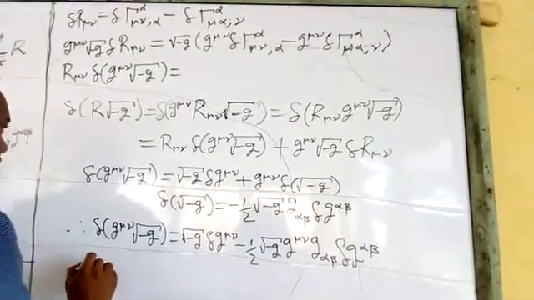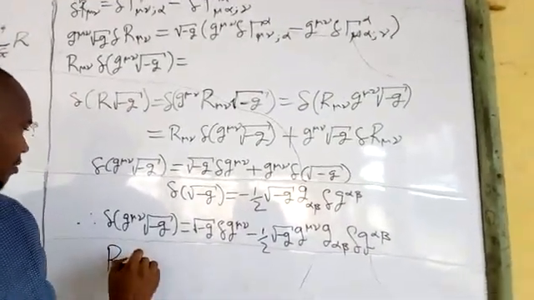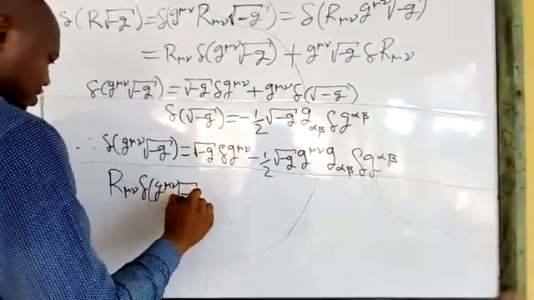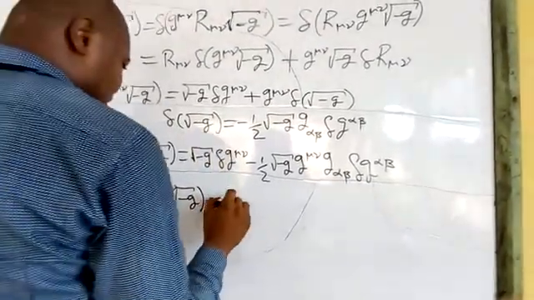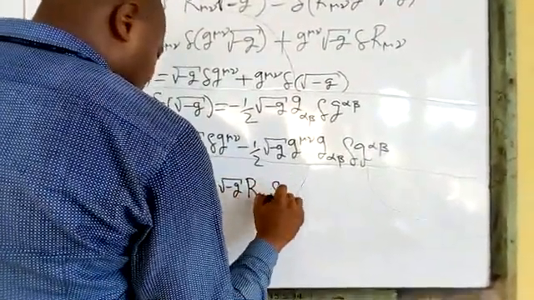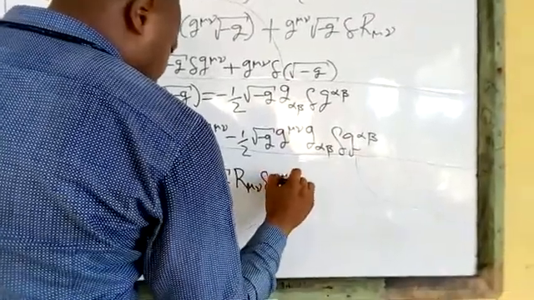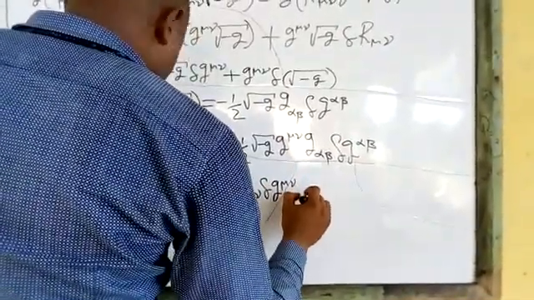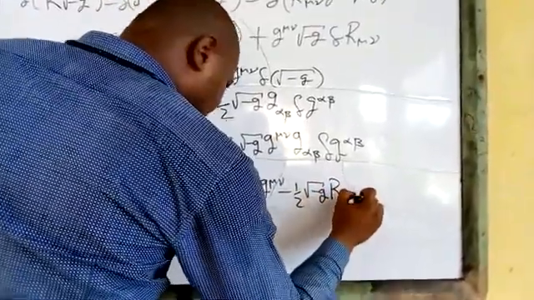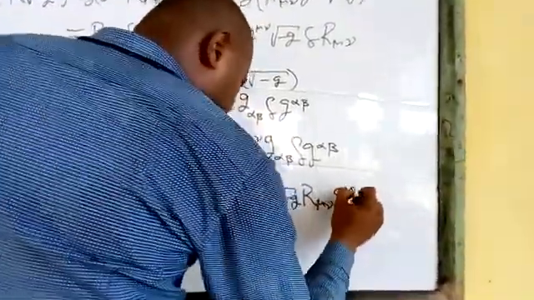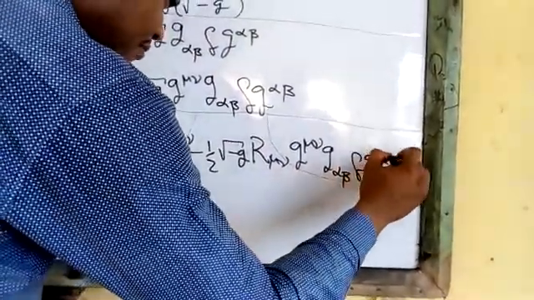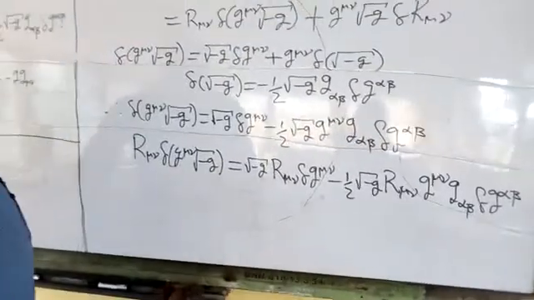So the first thing I'll do is say R mu nu multiplied by the variation of g mu nu square root of minus g. This should be the same as square root of minus g R mu nu variation here of g mu nu, minus 1 all over 2 square root of minus g R mu nu, and then I have here with me g mu nu and g alpha beta variation of g alpha beta.